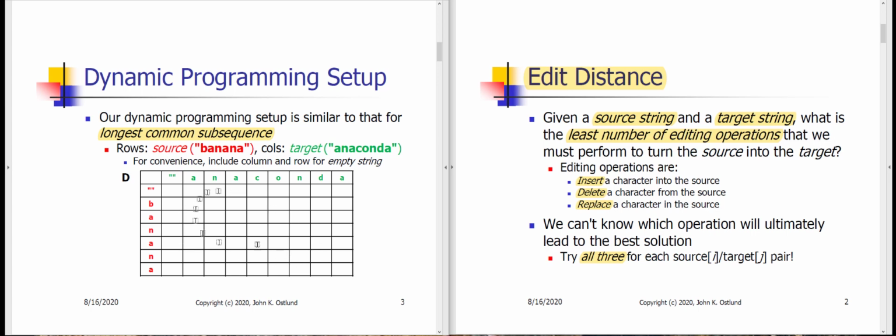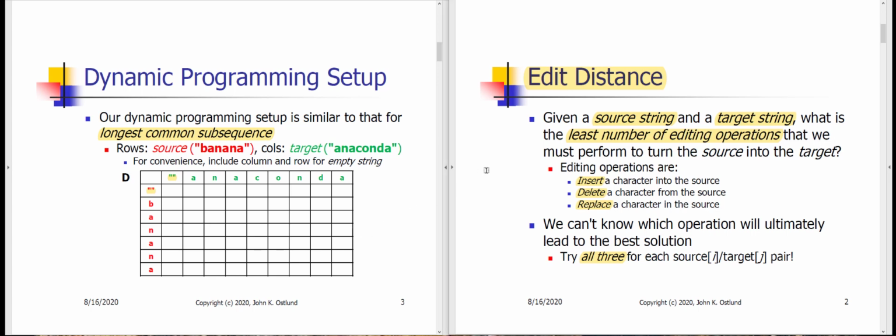And then we are going to fill in the edit distances between increasingly long prefixes of these strings. Okay? We're also going to have a column and a row for empty strings.